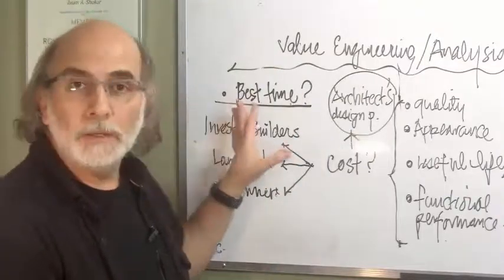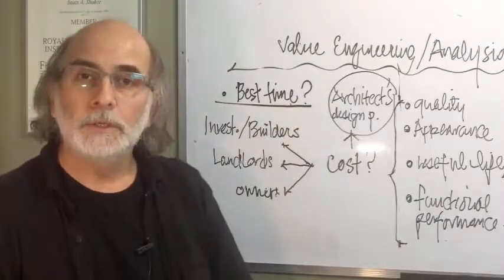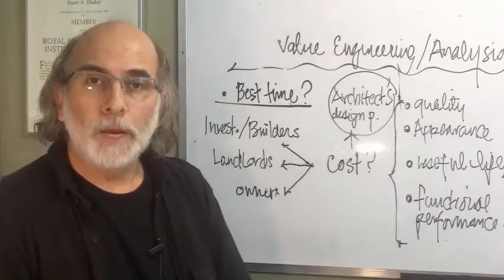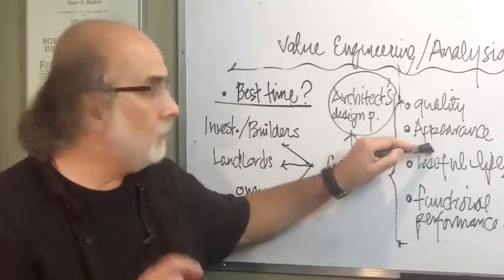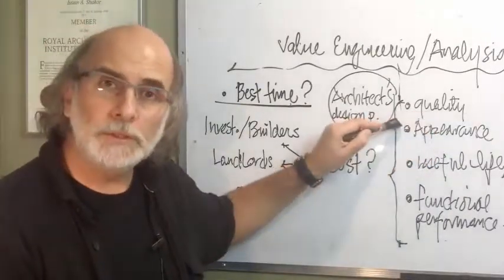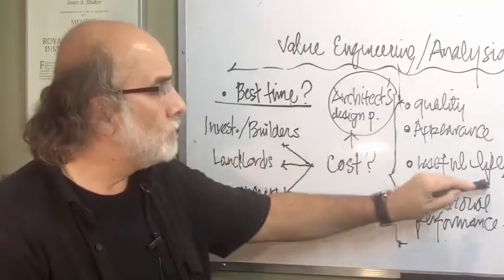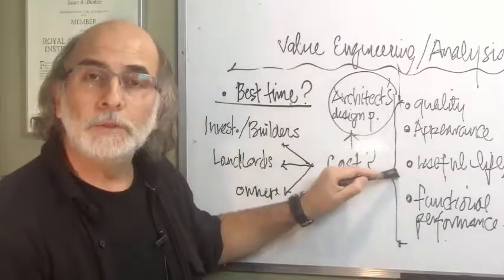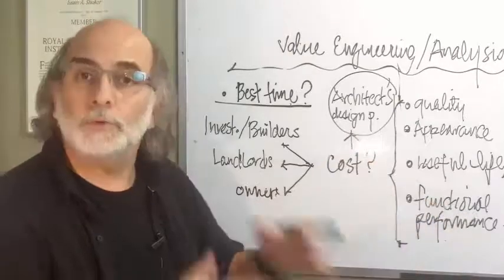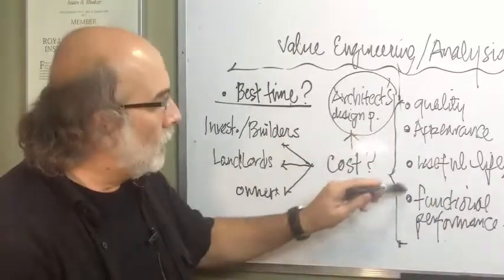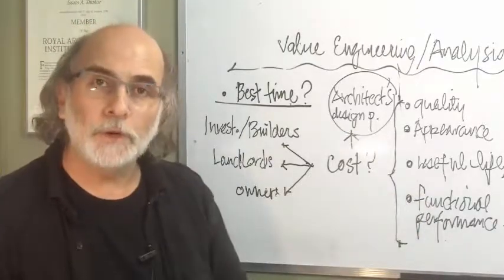It's best done at the schematic level if your architect uses optimized methods in all of these, in the appearance, aesthetically, in terms of quality, of specification of materials and systems, in terms of thinking about the life cycle, and also the construction systems, by the way, and also if he or she does think about the functional performance.